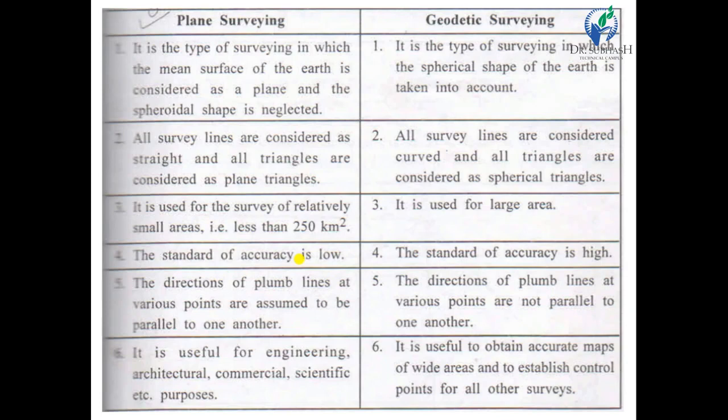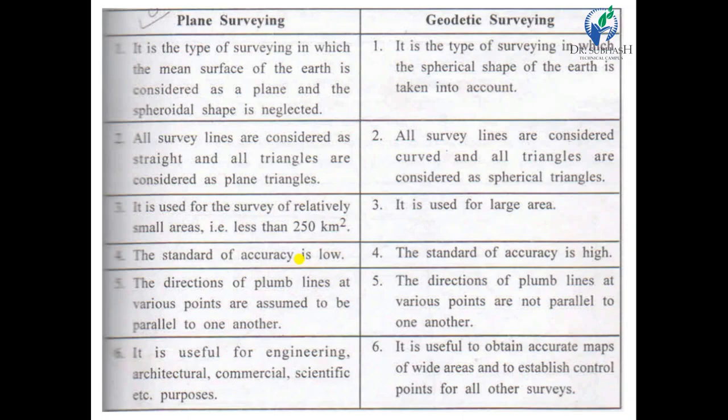In plane surveying, all survey lines are considered straight and all triangles are plane triangles. In geodetic surveying, all survey lines are considered curved and all triangles are spherical triangles. Plane surveying is used for relatively small areas, less than 250 square km, and after that we use geodetic surveying measurements.